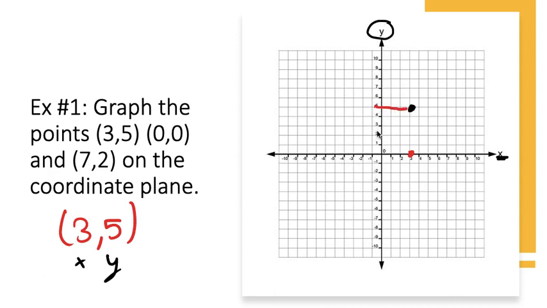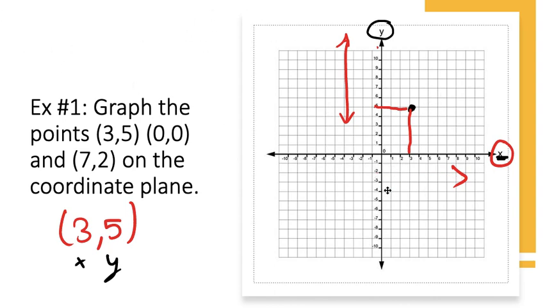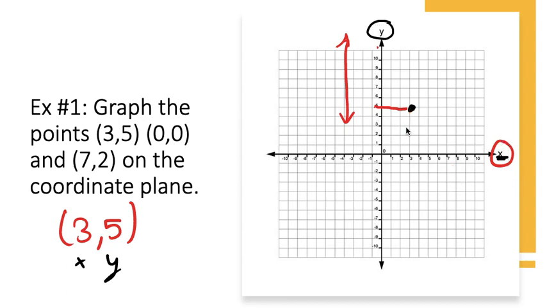This is the y area, so touching 5 on the y, which is what we want, and 3 on the x. If we line that up, we have 3 on the x. So that is our point, 3, 5. So I'm just going to label this point 3, 5.